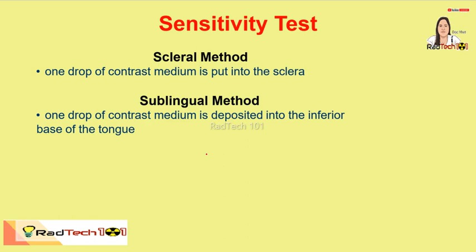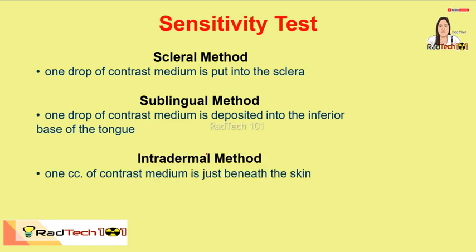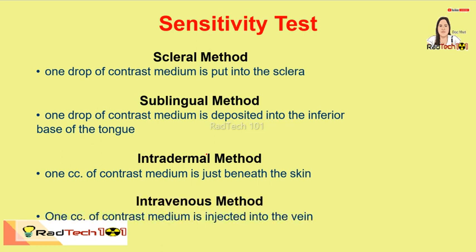And for intradermal, 1 cc of contrast medium is injected just beneath the skin, just under the dermis. When we say sclera, this is the white part of our eye. For intravenous, 1 cc of contrast medium is injected into the vein.